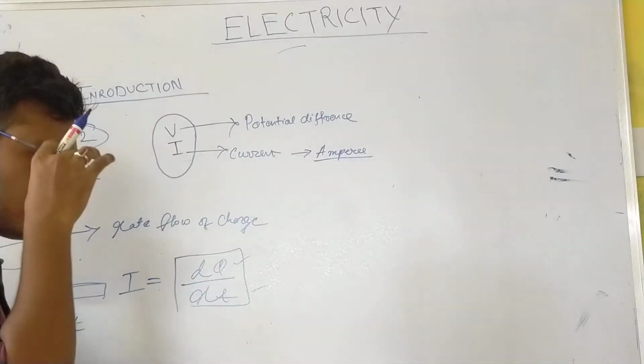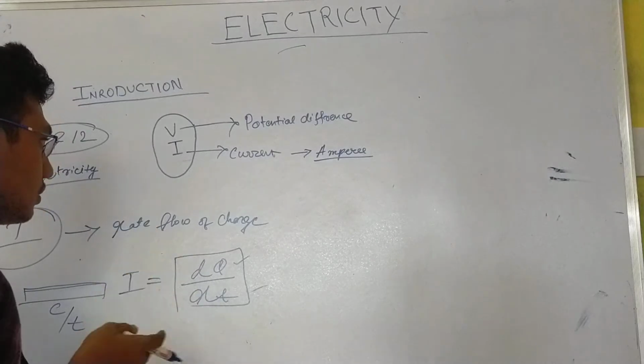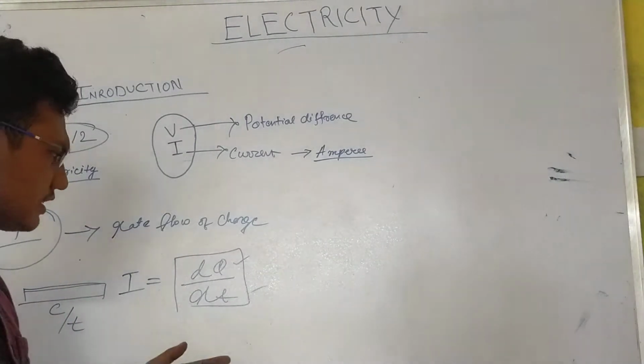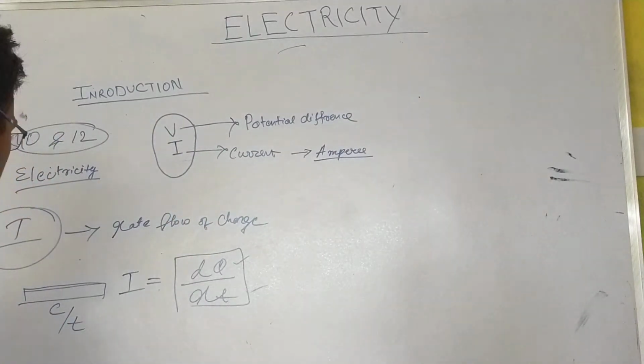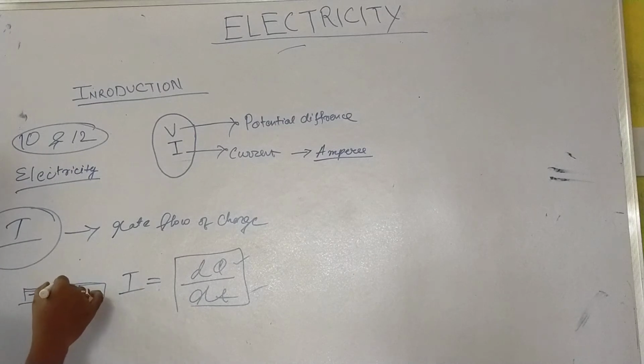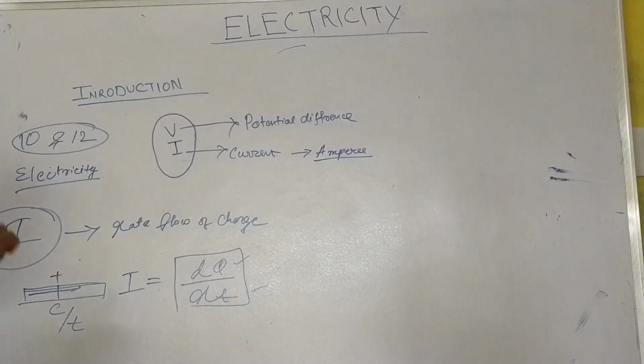In future we will learn a lot about Ampere's law, but the pretty basics are voltage and current. When charge is flowing through a conductor, the amount of charge flowing per second is called current.